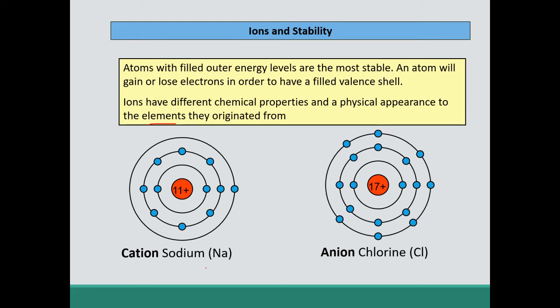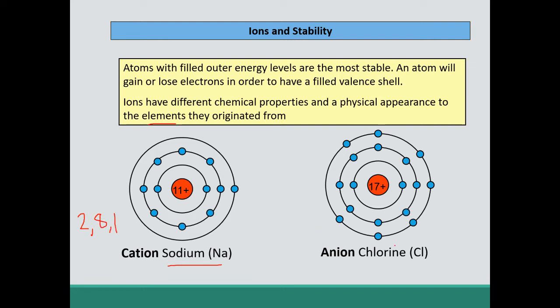An example of this is sodium, which is Na. It's got 11 protons and 11 electrons, so it has an electron configuration of 2, 8, 1.